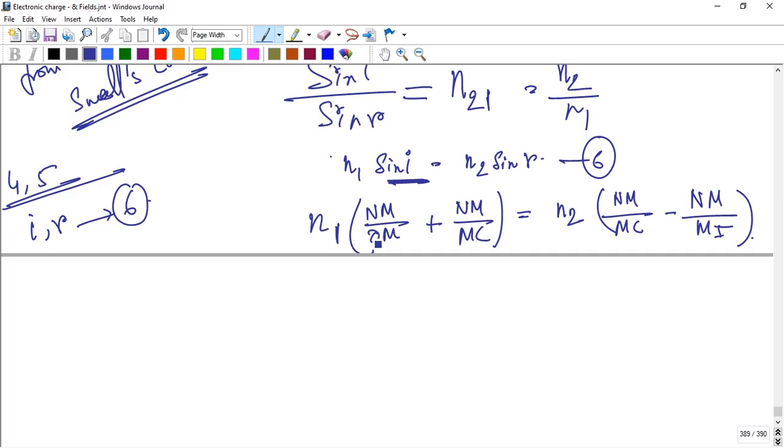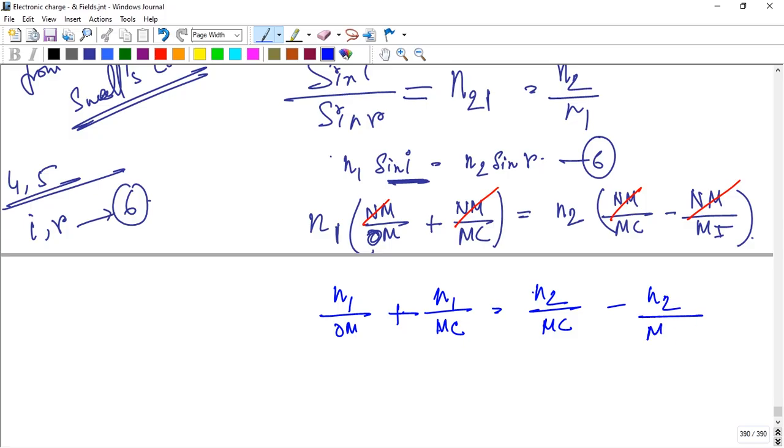You see that NM is common on all sides, so ignore that. And the final answer I get: N1 by OM plus N1 by MC equals N2 by MC minus N2 by MI.